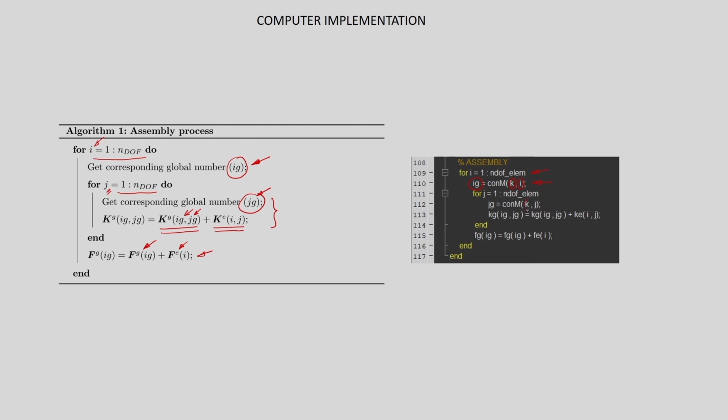Similarly, for the kth element, jth column we get the corresponding global number, then we added to kg the corresponding ke. Similarly with fg we added the corresponding fe. Fine. So this takes care of the assembly, and if you see, this I and j loop closes here, and this end is basically the end of k.